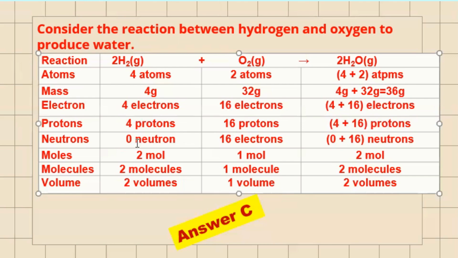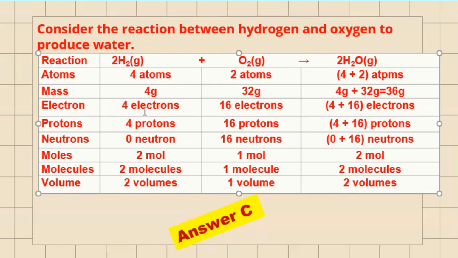And for neutrons, 0 neutrons gives 0 plus 16 neutrons, okay? Look, 0 plus 16 is 16, 0 plus 16 is 16, in both the reactant and product side is the same. 4 protons plus 16 protons gives 20 protons. 4 plus 16 protons on the product side, 20 protons. Okay, the same on both sides.